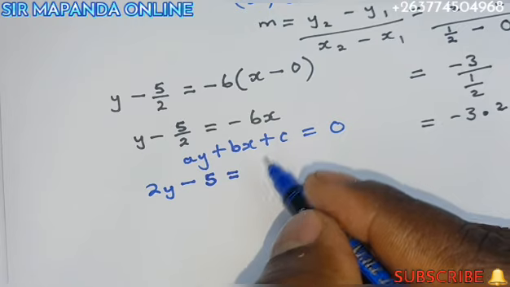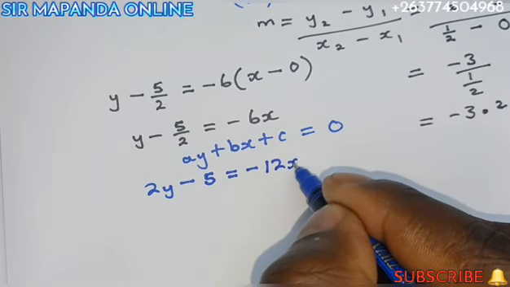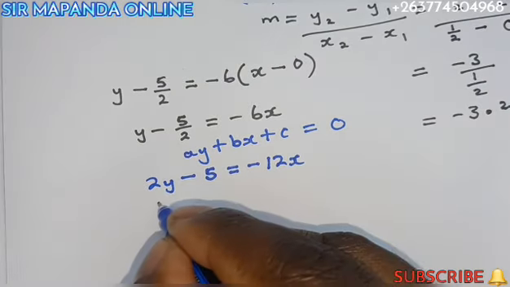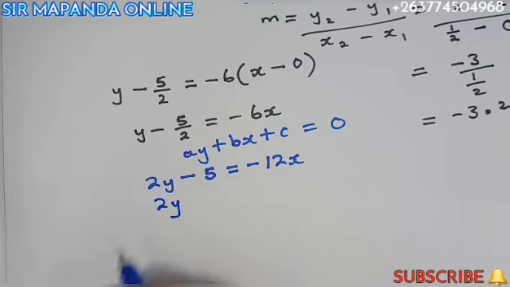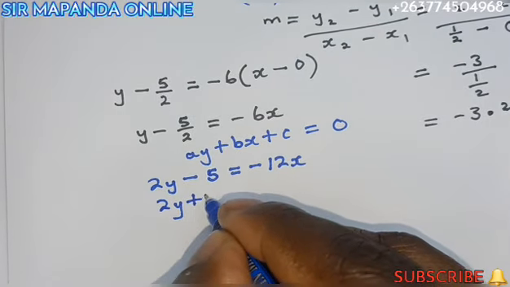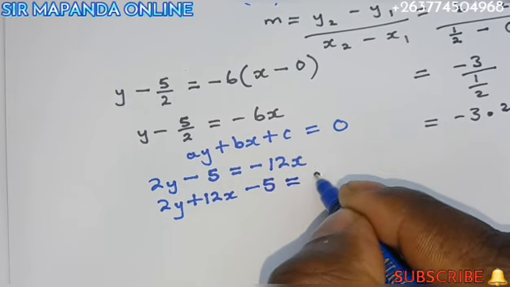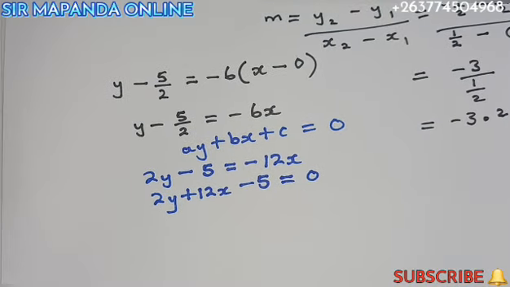Then 2 times minus 6x, you get minus 12x. Move minus 12x to the left so that you remain with the 0 on the right side. You get 2y, right, plus 12x, right, minus 5 is equals to 0. And this is your final answer. I hope you are following.